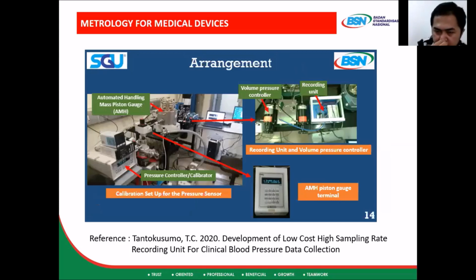The pressure sensor itself is calibrated, traceable to our primary standard, the pneumatic pressure balance, with the automatic handling piston gauge, and they are also on the pressure controller. And this is for the small adjustment of the pressure by using the volume pressure controller. And this is the device. This is our recording unit being calibrated.